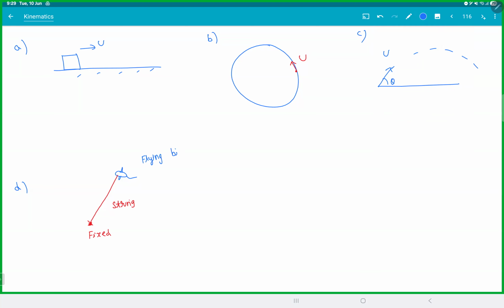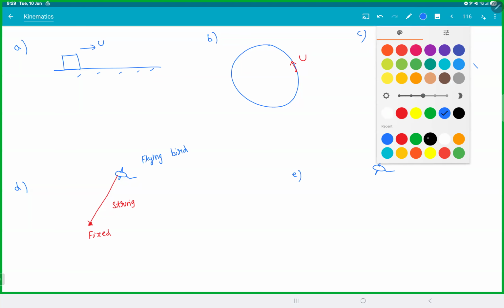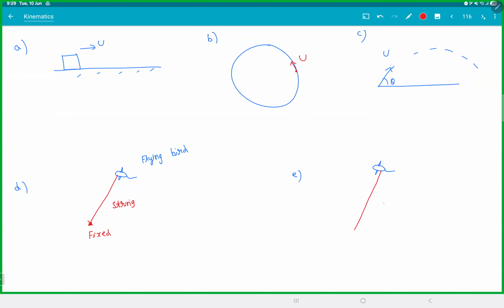Flying bird. Same thing. Kind of looks like a rat, but imagine this is a rod. This is fixed. Now, can you tell me what is 1D, 2D, 3D?